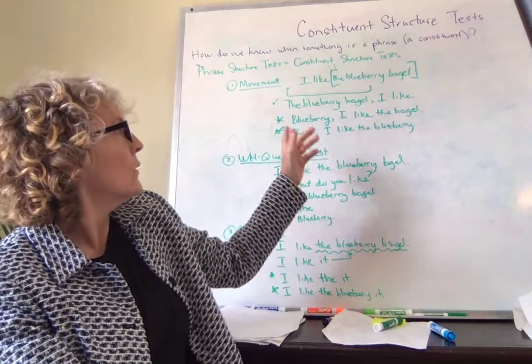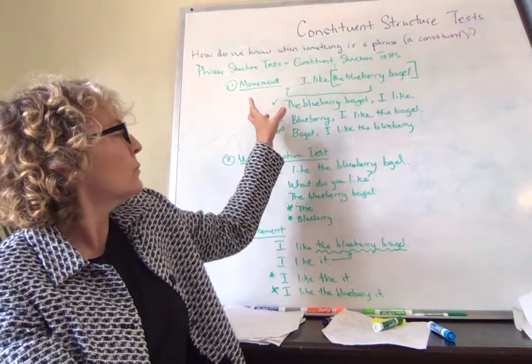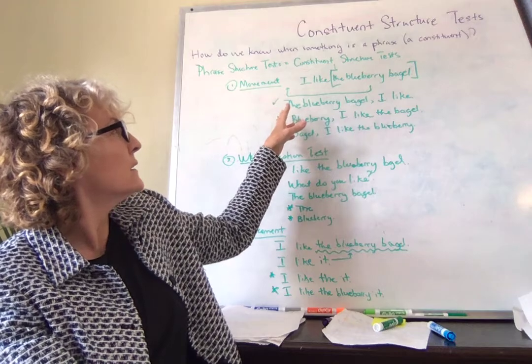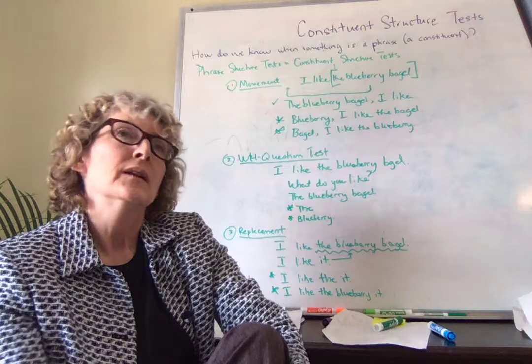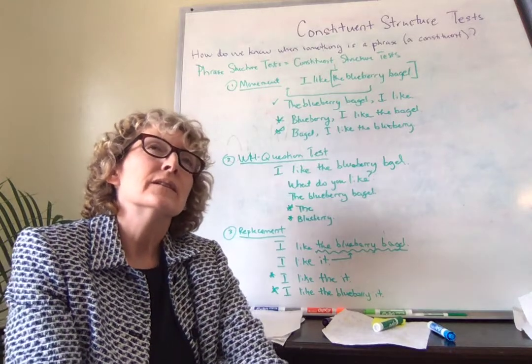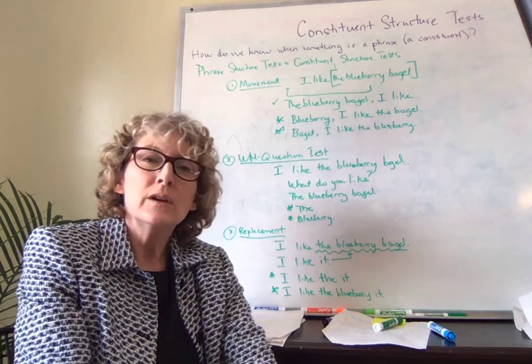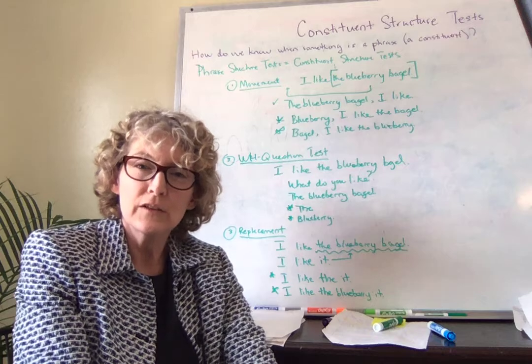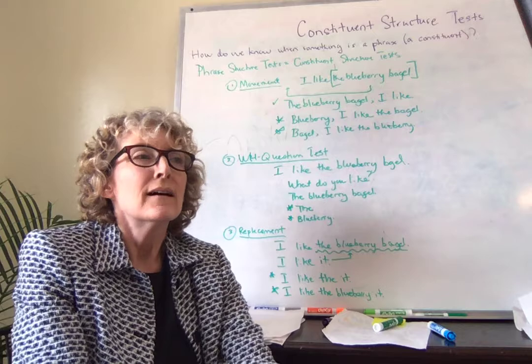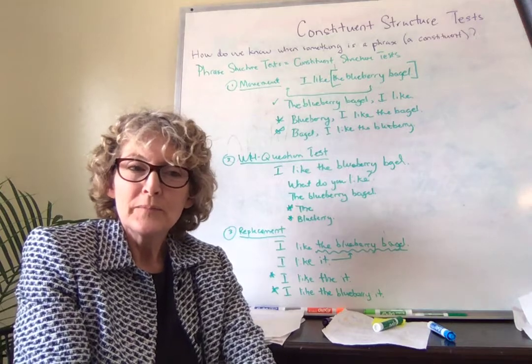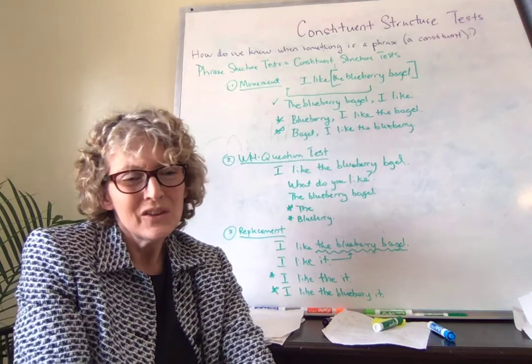So in the book, they talk about examples of sentences like, I like the blueberry bagel. So first off, notice that this sounds like a pretty natural sentence of English, right? If someone came up to you on the street and they said, I like the blueberry bagel, you might wonder, well, why are you telling me this stuff?